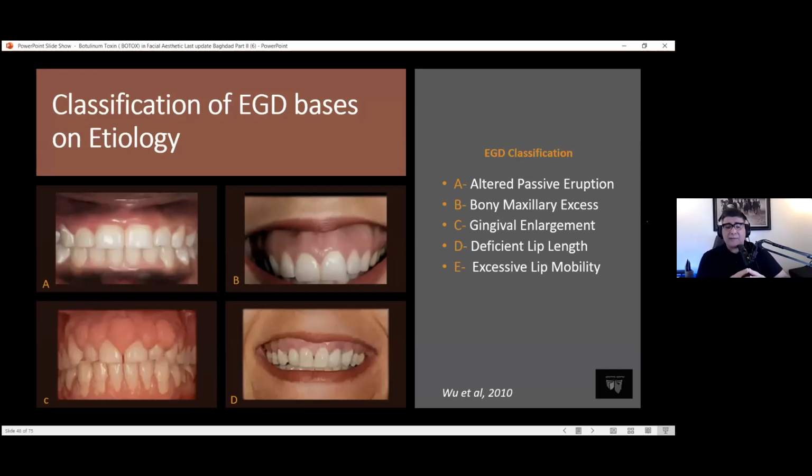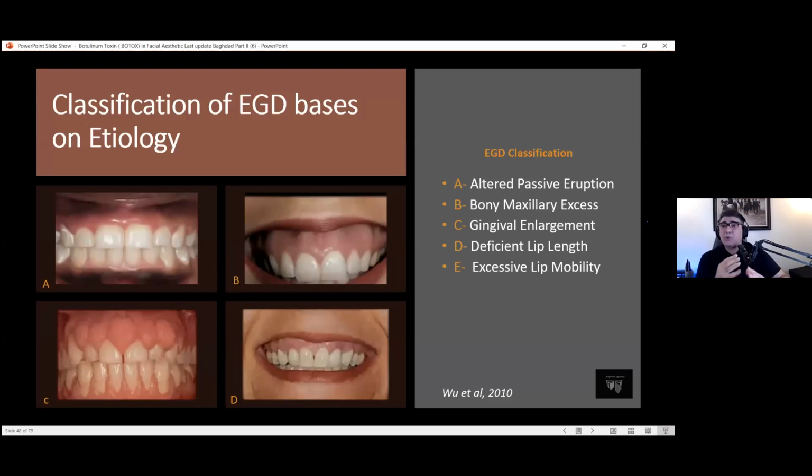Some patients have a short lip or deficient lip length, like in D. In these cases, maybe you're gonna play a little bit with the soft tissue, like botulinum relaxation of the upper lip and gingival work, depending on the place of the excess in the gingival or bony tissue, gingivoplasty or gingivectomy.